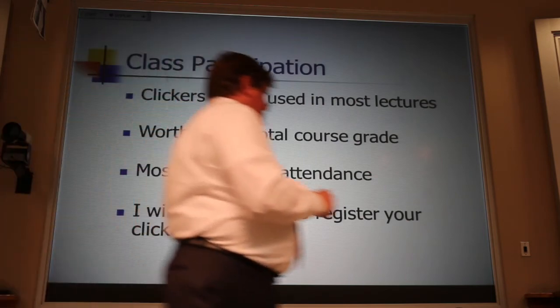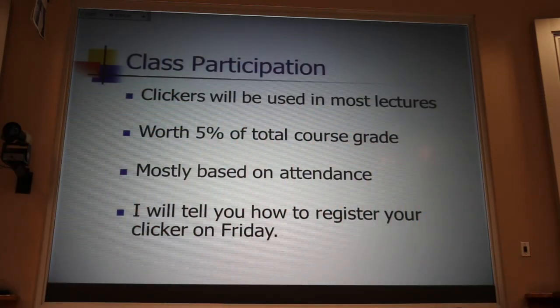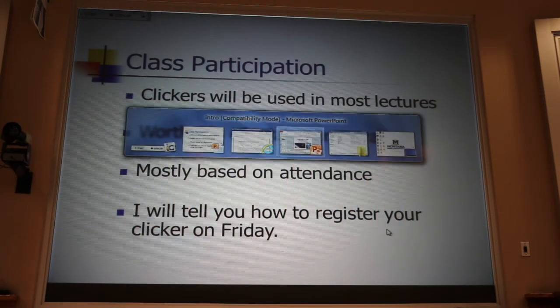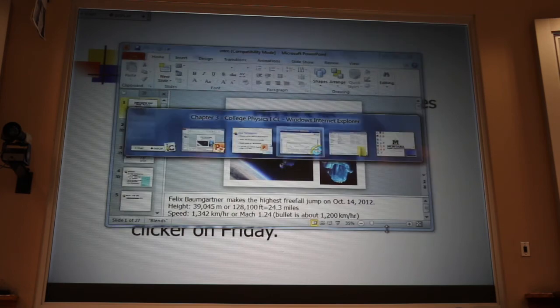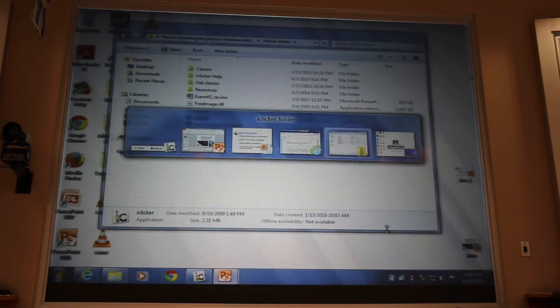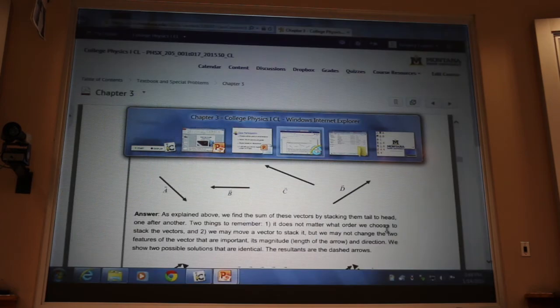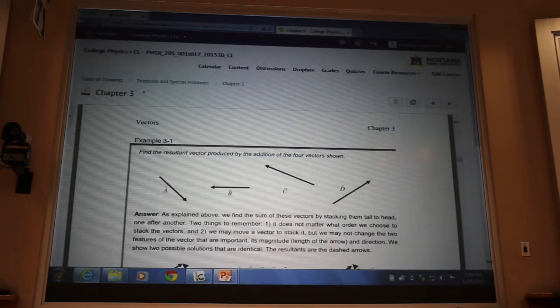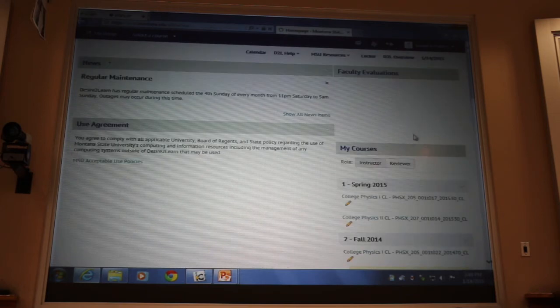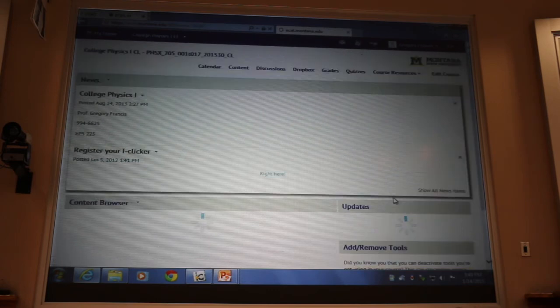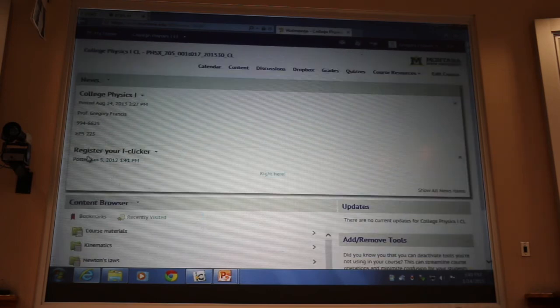Now, I can tell you how to register your clickers right now, actually. There we go. If you go to the main page, there's a link that says register your iClicker right here.